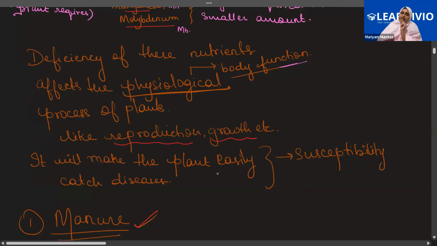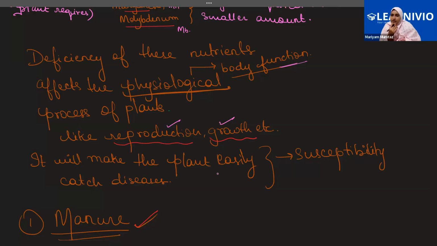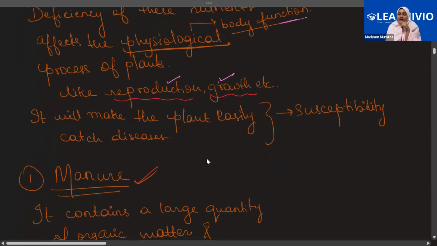So processes like reproduction, growth, and photosynthesis will take a halt, or you can say slow down. Why? Because if these nutrients or minerals are deficient in the plant's diet or system, it will make the plant easily catch diseases because the plant will be weak.